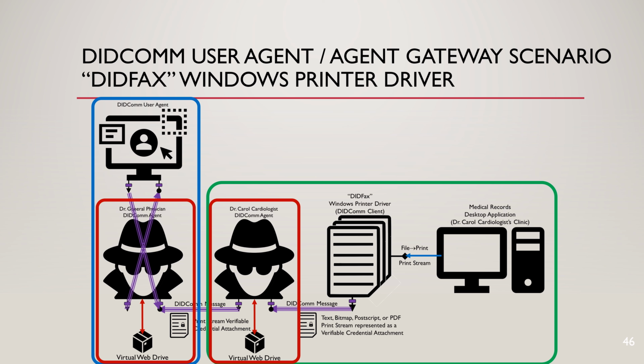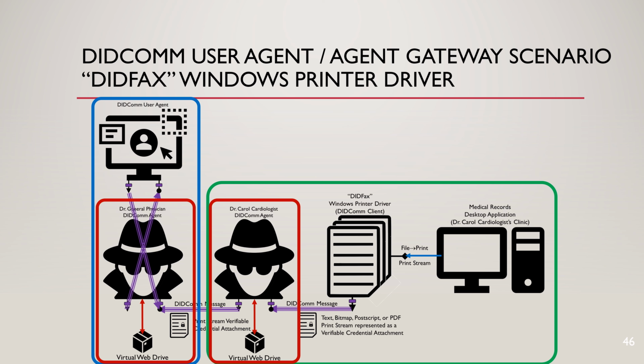Or in this scenario here, it could be doctor's notes or x-rays or lab results. Those would be displayed by the user agent, but they would be received and stored by the DIDComm agent on the left, bottom left.